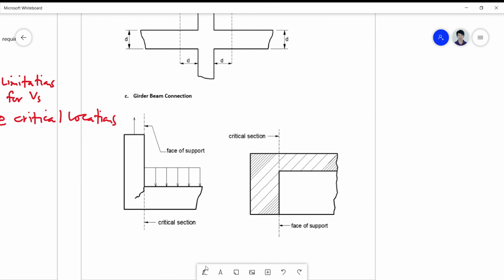Okay, so the abbreviation for this critical section is FOS, face of support. Also for a girder beam connection where the slab is at the top, we have it at the face of the support, because the crack may occur exactly here, or somewhere here.